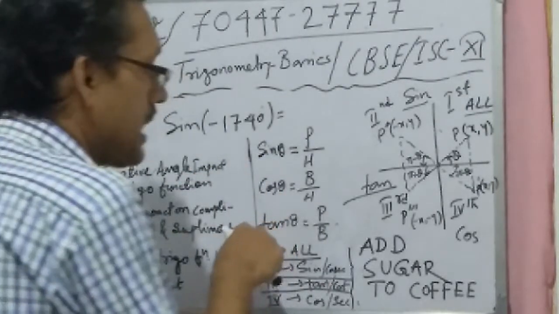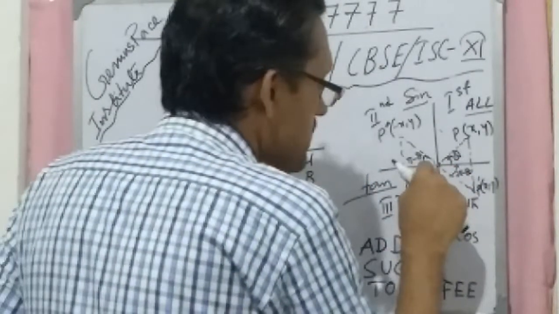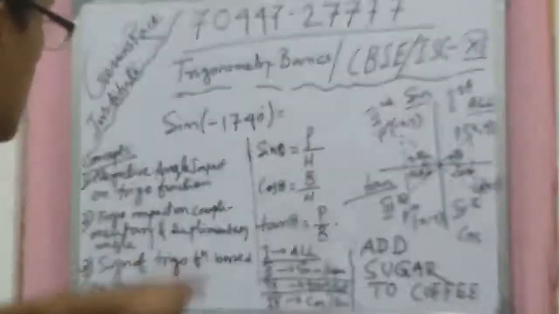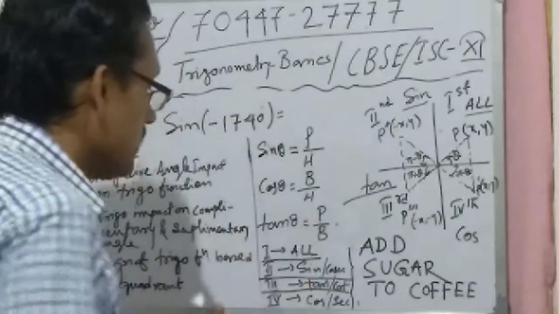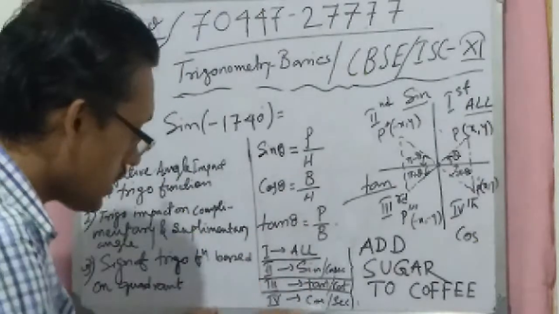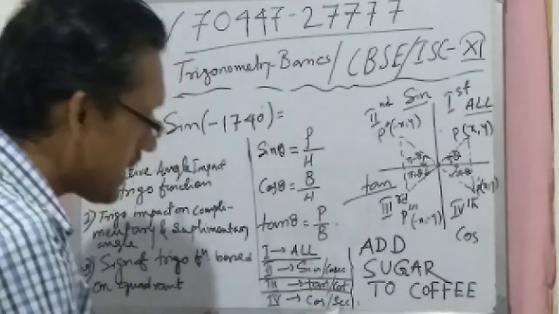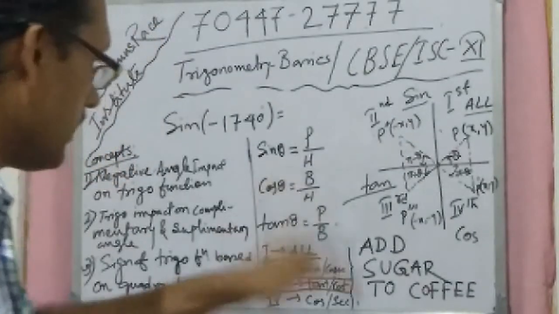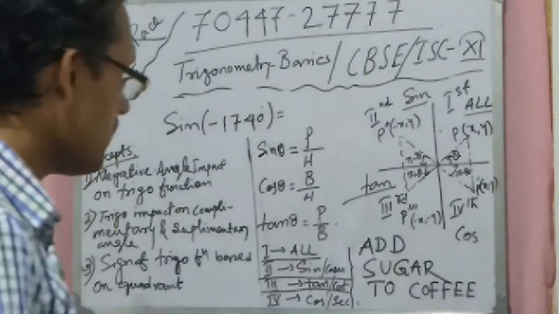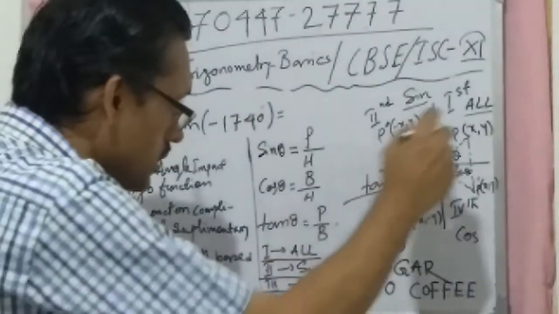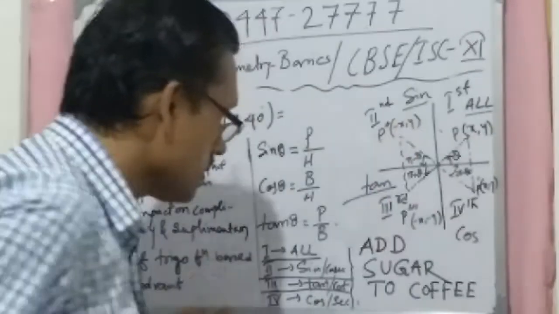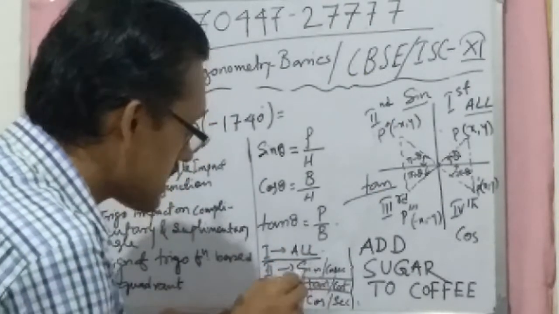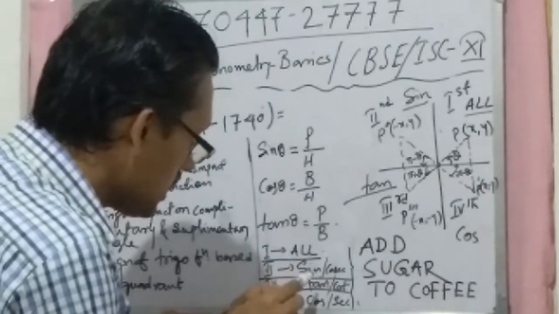In case of tan, perpendicular by base, perpendicular negative, base positive, so tan is also negative. Therefore in the fourth quadrant, only cos and sec are positive and the rest of the functions are negative. These four things we can summarize as first quadrant all, second quadrant sine, third quadrant tan.